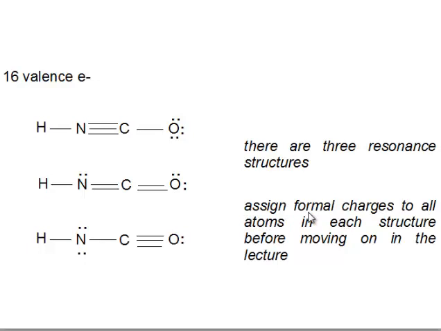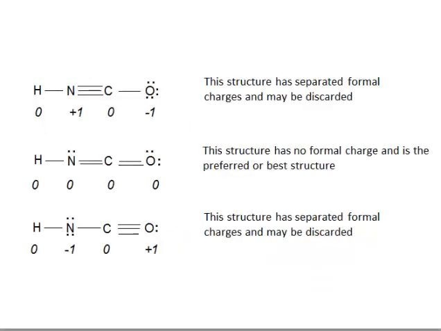Now, using what you know about formal charges, assign formal charges to all the atoms in each structure before moving on in the lecture. Right, when you assign formal charges to these three resonance structures, this is the result.